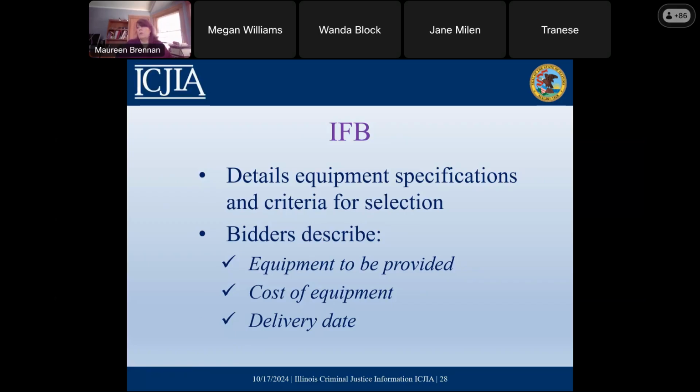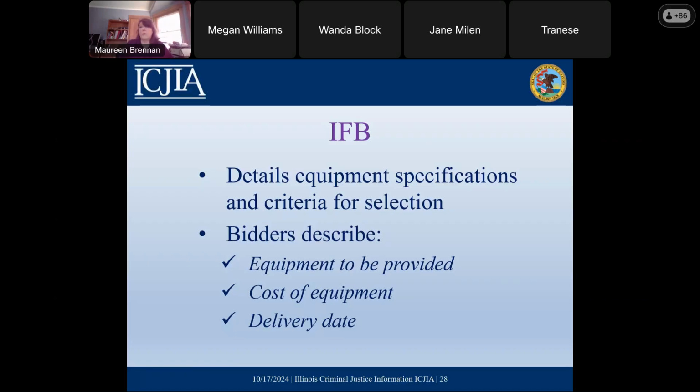Your bidders are then going to have to provide the information on the equipment that they'll provide, the cost of the equipment, and then the delivery date, basically saying we can provide the equipment that meets your specifications, this is what it costs, and we can meet this date. And that's really important if you do have to do an IFB.